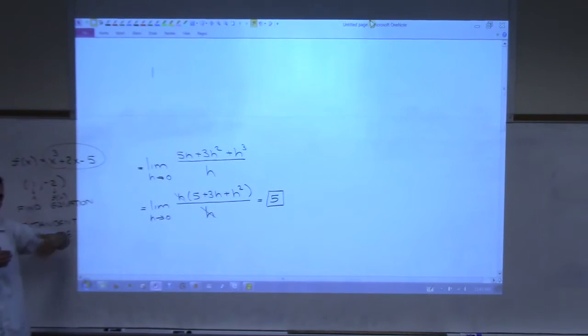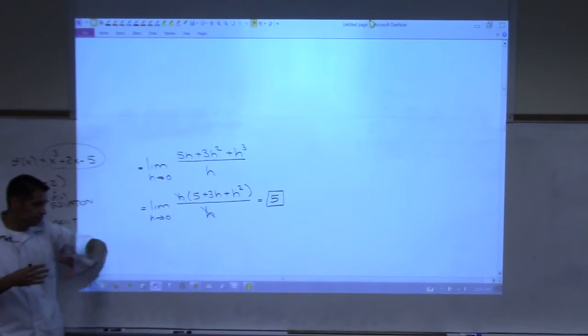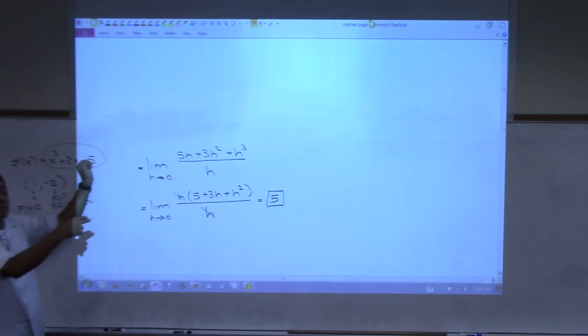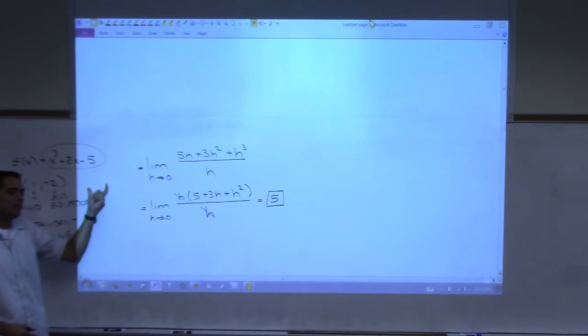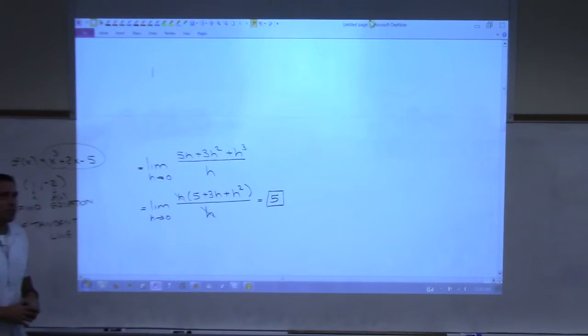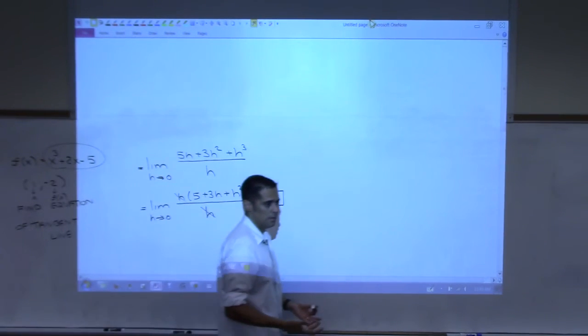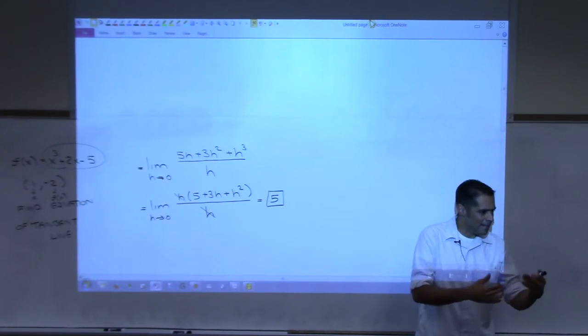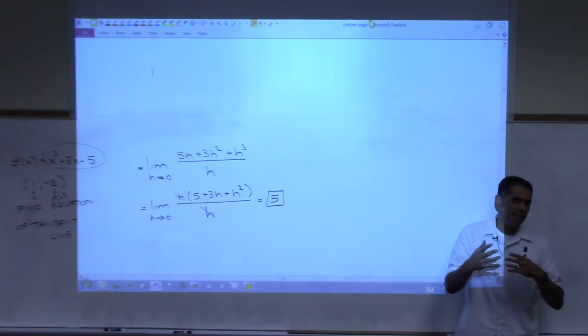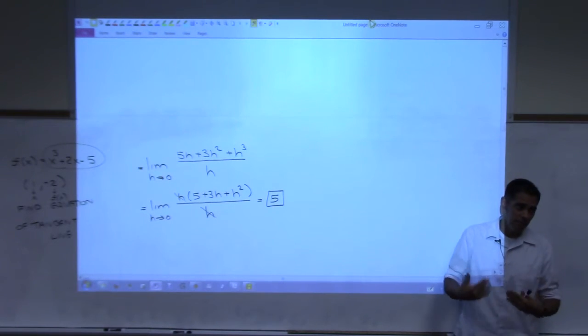Up top that would just be a polynomial and the denominator is going to be h. As opposed to the other one, where I take f of x minus f of a, minus a number, but my denominator is not h, it's another polynomial. So I'm going to have a polynomial over a polynomial, which makes me think I'm going to need to factor. I think that comes with time and seeing enough problems.